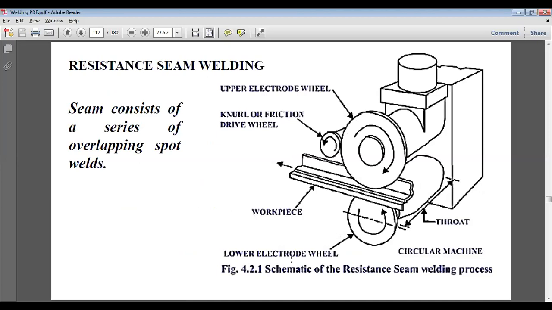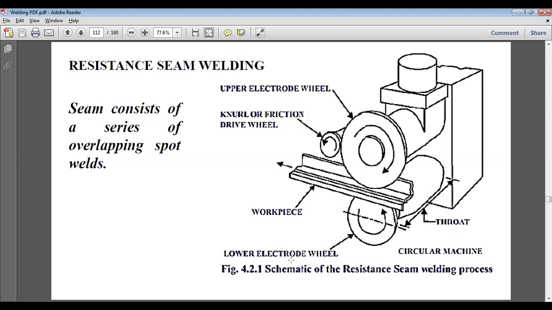Then we have another application called resistance seam welding. This is quite similar to the seam that we do on our clothes. The phenomenon is the same, but rather than passing current at a point, the whole seam or whole edge is sealed together, fused together.